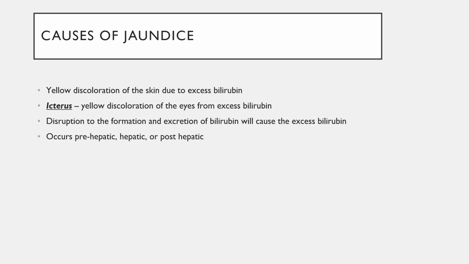If you like mental shortcuts, think too much coming in, liver can't handle it, exit is blocked. Three very different mechanisms, but the patient still looks yellow. For us in the lab, differentiating these becomes critical because the bilirubin fractions and liver enzymes will pattern differently, and that helps clinicians narrow their differential.